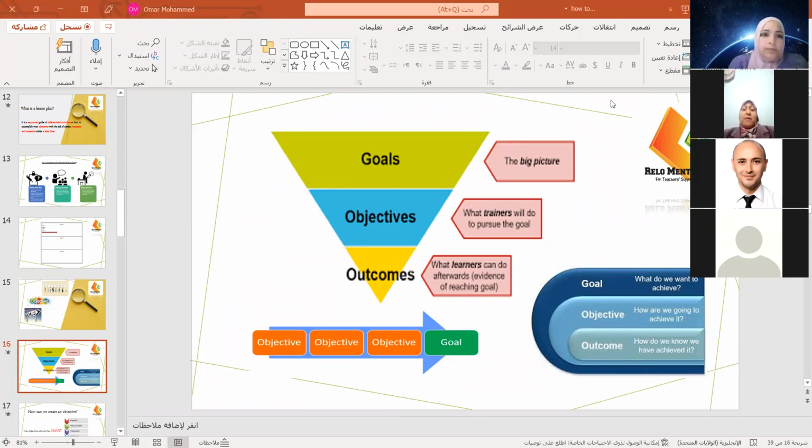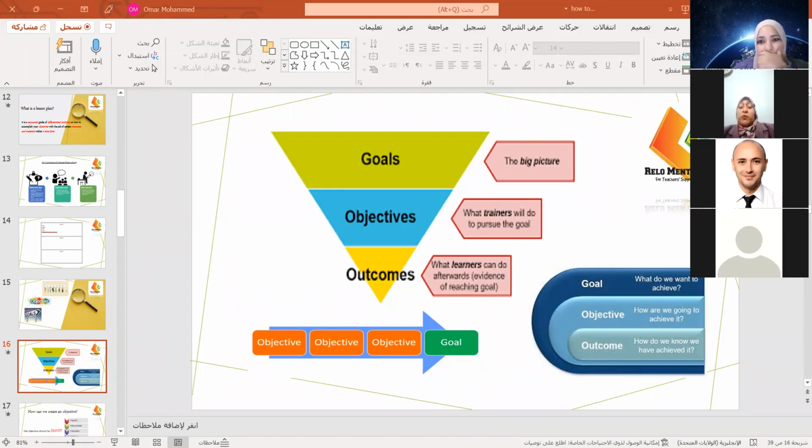Okay, thank you, Ms. Azza. Thank you, Ms. Salwa. So the goals are more general. They are goals on the long run. If we have goals, they can be achieved throughout the whole year. Then we divide our goals into objectives.